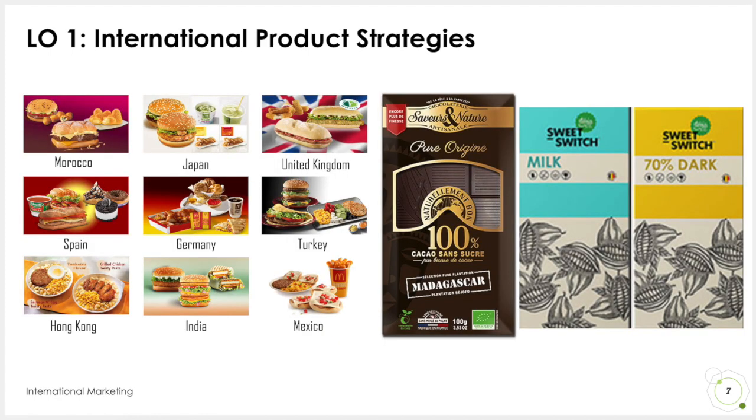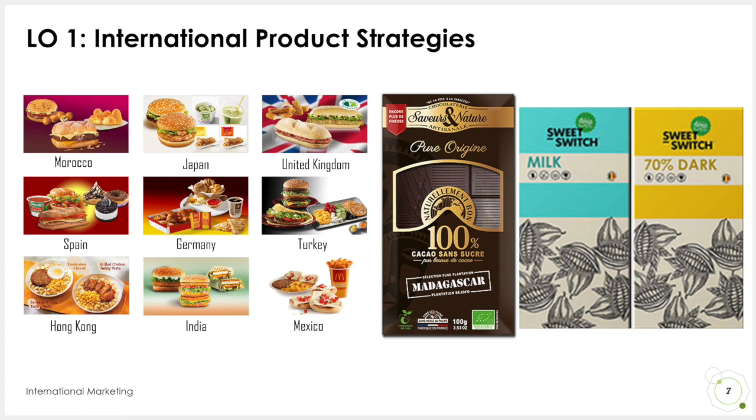Here are two examples to show you how cultural differences and government regulation influence a company's decisions to adapt their product. The picture on the left shows that McDonald's has successfully localized its menu according to the specific dietary requirements, tastes, and preferences of different countries.